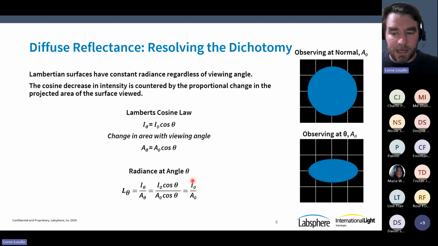Now, there is another way to think about Lambertian surfaces. If we had a radiometer with a finite field of view, looking at a portion of a Lambertian surface, we could think of each point within that field of view as reflecting light following Lambert's cosine law.